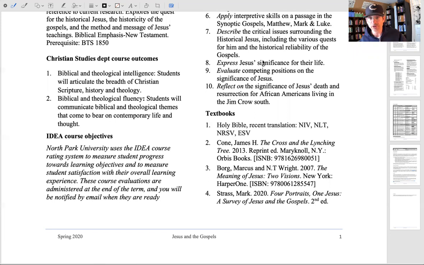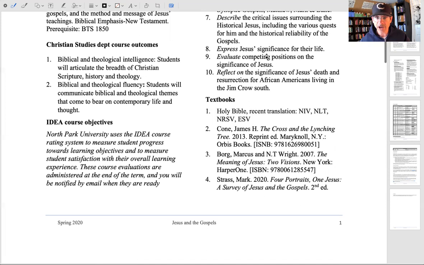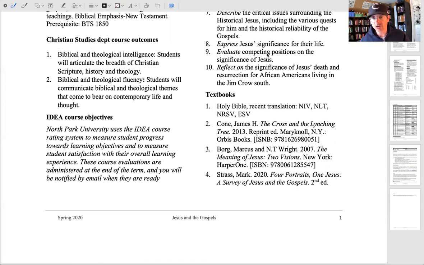Both of those books, the Cone book and the Borg Wright book, are event books. By that I mean there is an assignment related to that book. And that's different. Those two books are different than this fourth one by Mark Strauss called Four Portraits, One Jesus, a survey of Jesus and the Gospels.